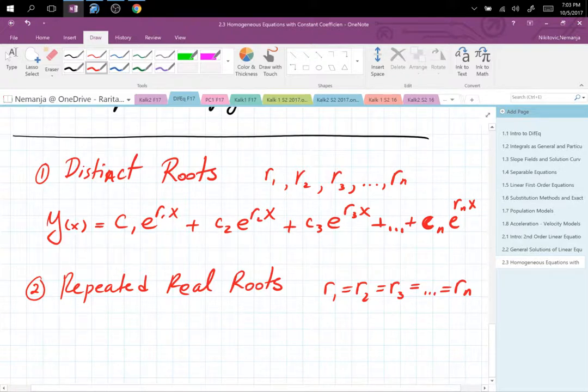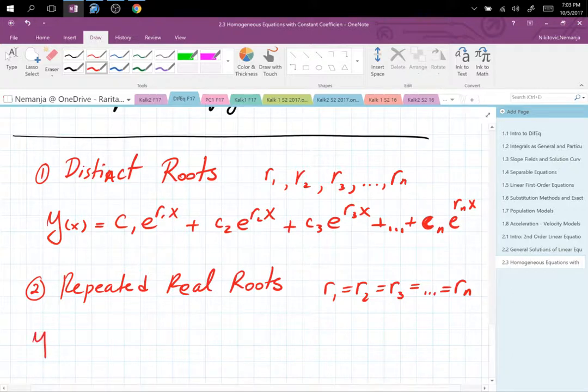Right? So when you have the repeated roots, what you are going to do is pre-multiply this e to the, in this case, Rx, because they're all R, by x squared, x cubed, x to the 4th.